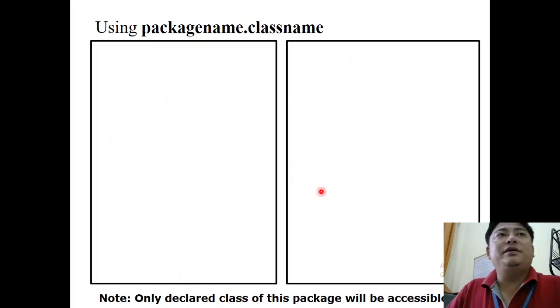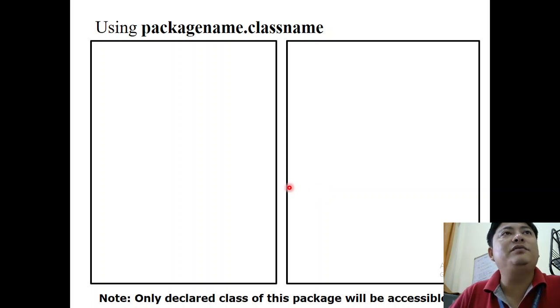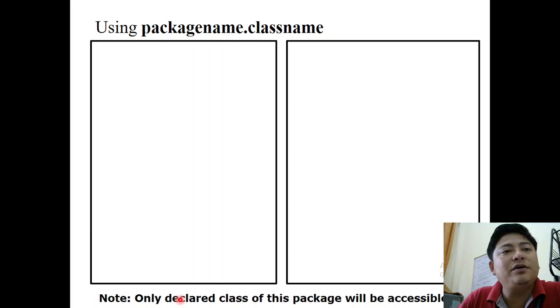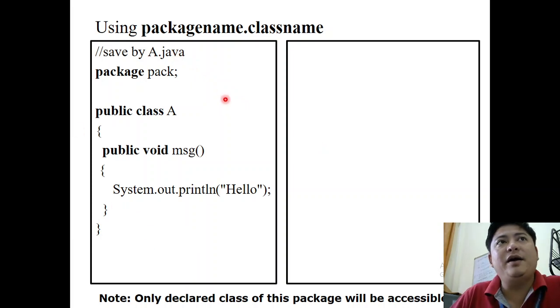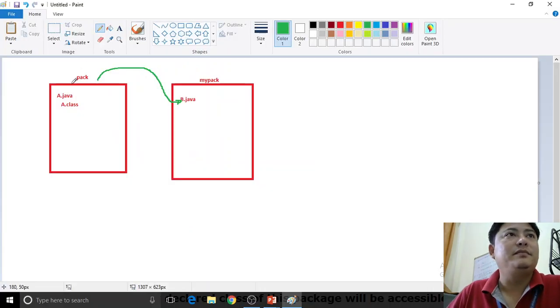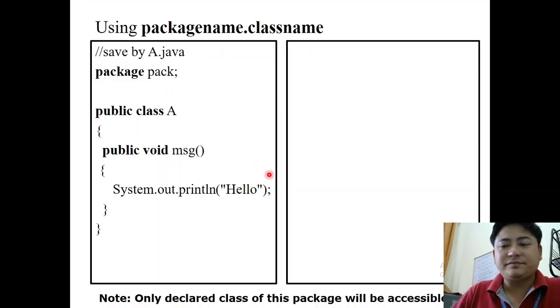Now this is the second way of using the package, using the class name. I have to use package name dot class name. When you do this, only the declared class of this package will be accessible. For example, let's consider the same example, where you have a package pack inside which you have a.java, and you create a class file by compiling a.java.